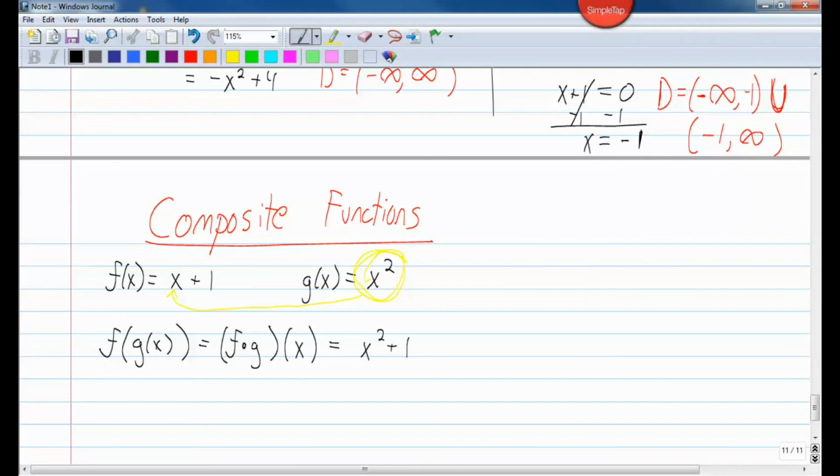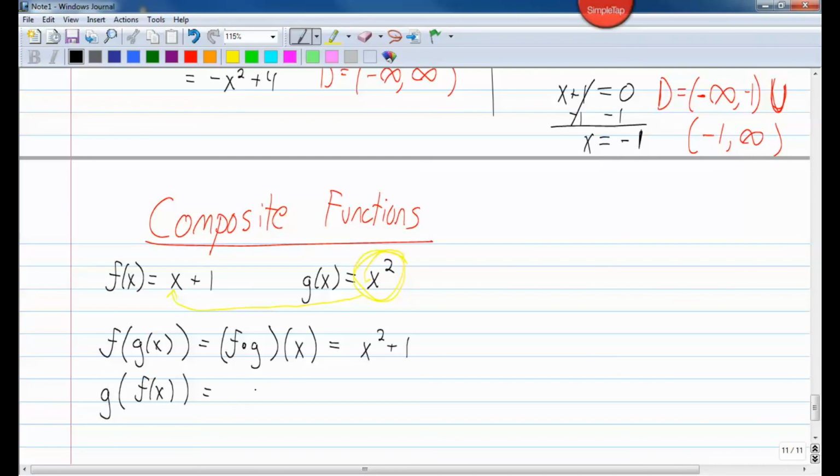Now there's another type of problem that could arise from these two functions. The composition the other way. What if I wanted to find g of f of x? That means I need to take f of x and plug it in for every x in g of x.